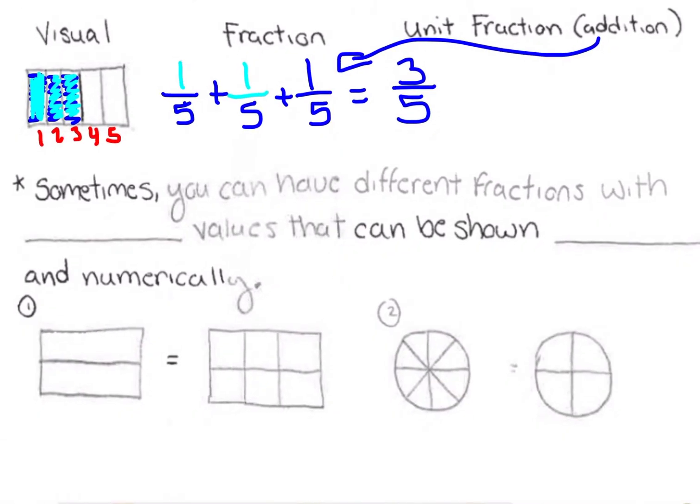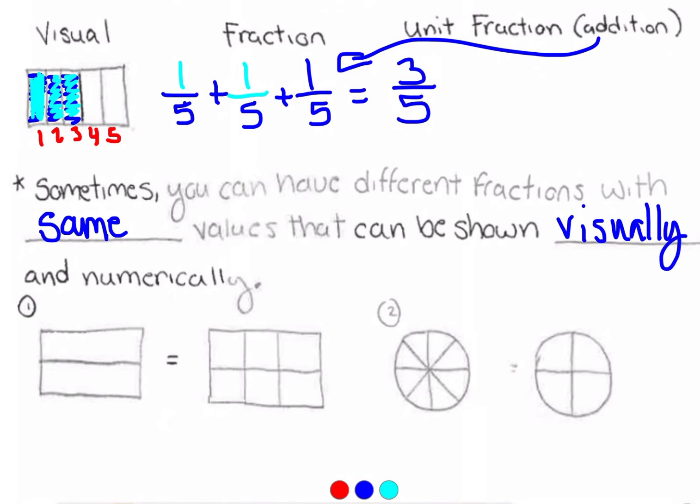Now, here's another thing that gets kind of weird: sometimes you can have different fractions with the same values. They can be shown visually or numerically, and even though they sound different and look different, it's the same amount.